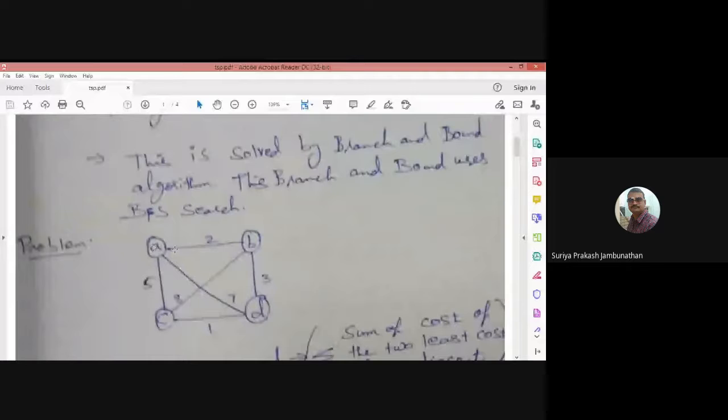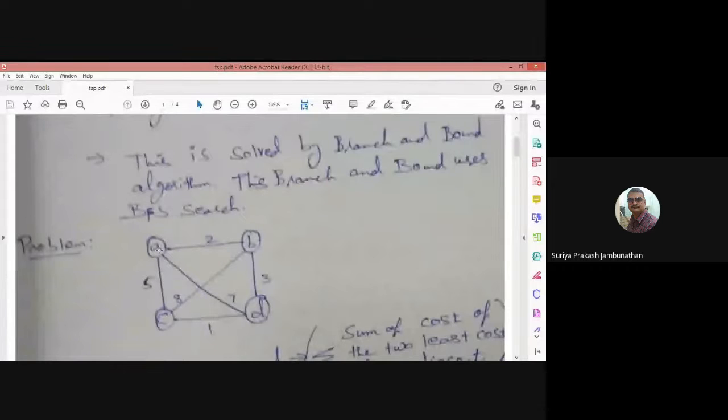That means A to B, B to C, C to D, D to B, D to A, we should not go because B is already visited. So a visited node should not be visited again in the traveling salesman problem. In this case, you have to identify the solution carefully, and we will get multiple solutions for the traveling salesman problem.